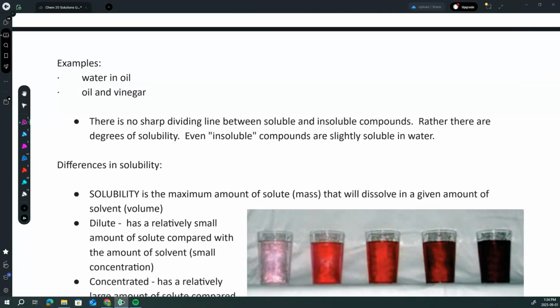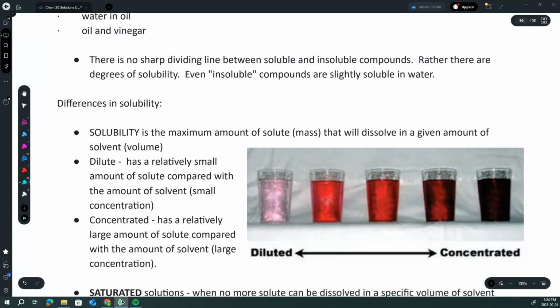So with differences in solubility, first of all, what is solubility? Solubility is going to be the maximum amount of solute, which is typically measured as a mass, that will dissolve in a given amount of solvent, which is typically measured in volume.